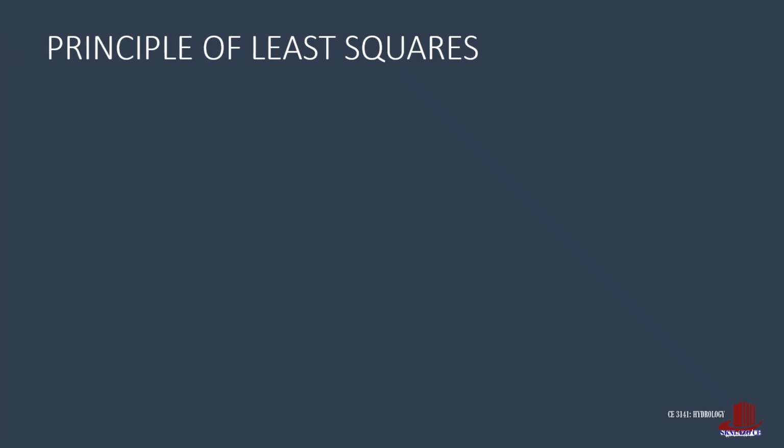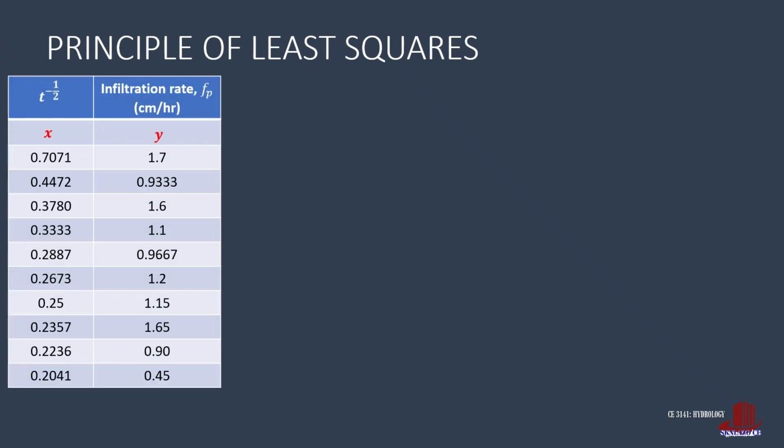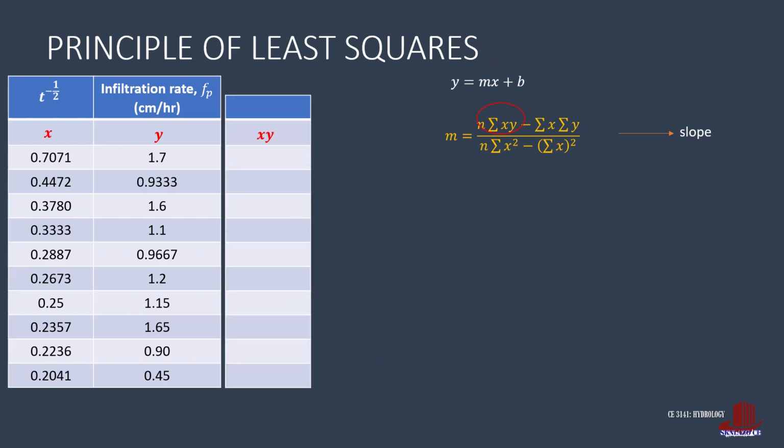The function is then taken from the principle of least squares, where the slope m is solved using the function shown. From this equation, we needed the summation of xy, which means we create another column to multiply t raised to -1/2 with the infiltration rate f sub p.